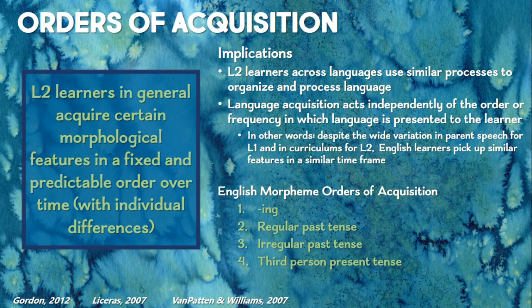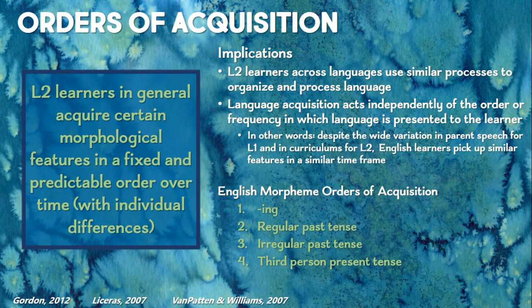So that's the research definition. What does this mean? It means that anybody who is learning an L2, learners across all languages, they're going to use similar processes to organize and process new language. This also means that somebody learning their first language as a native speaker is going to learn the same things in the same sequence.